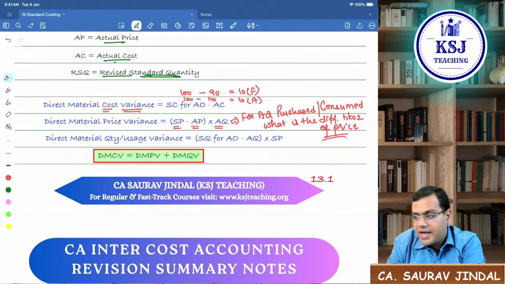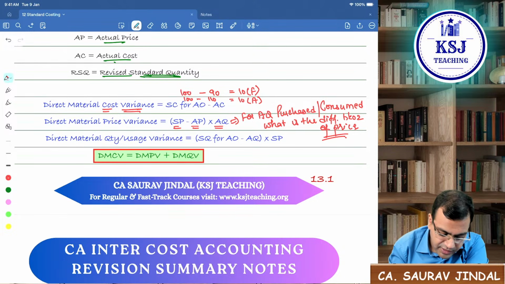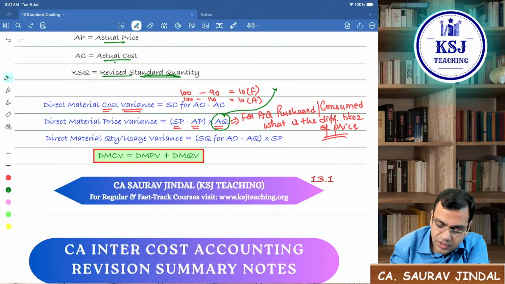Then in this direct material price variance, one thing I would like to mention. Sir, there can be two things. For this actual quantity, there can be two things which are given. You might be given the actual quantity consumed, right?